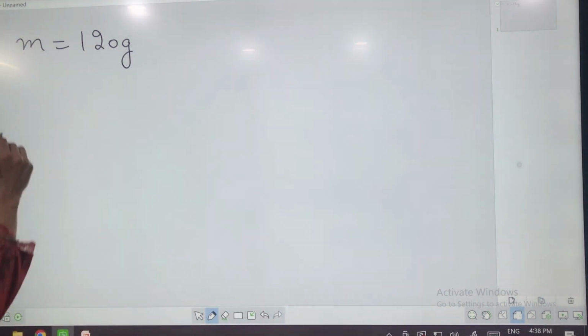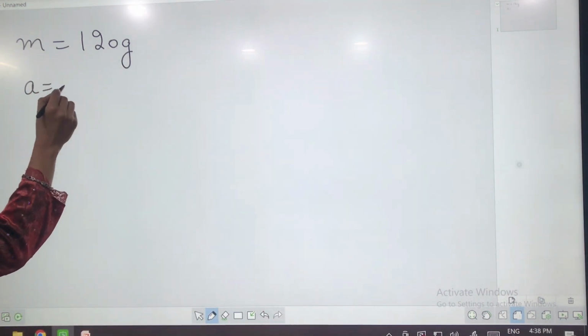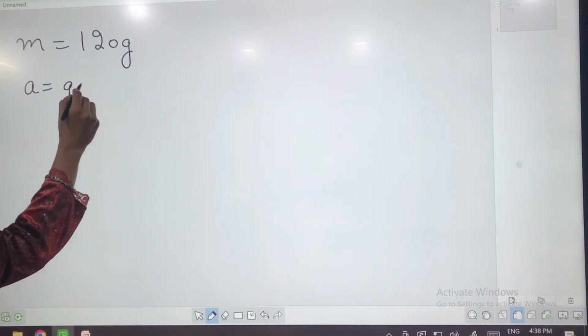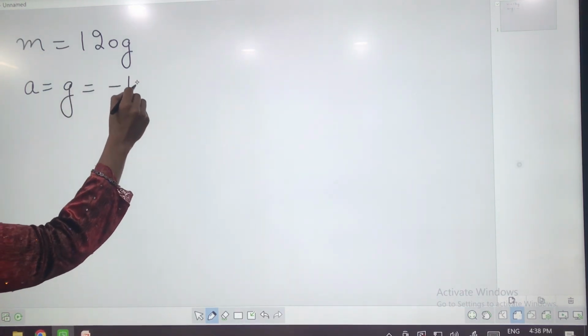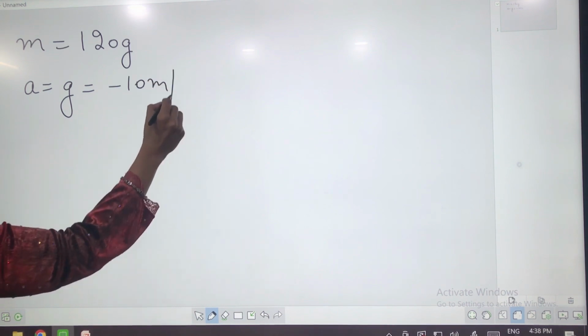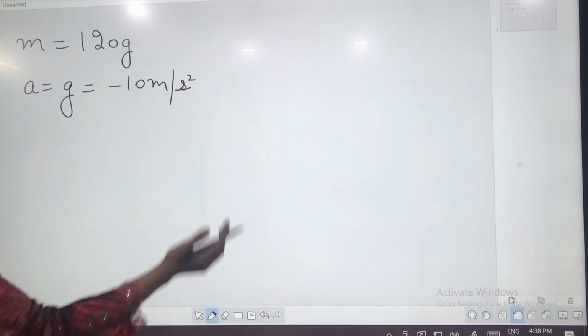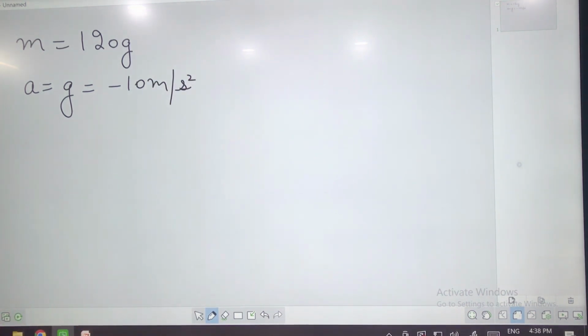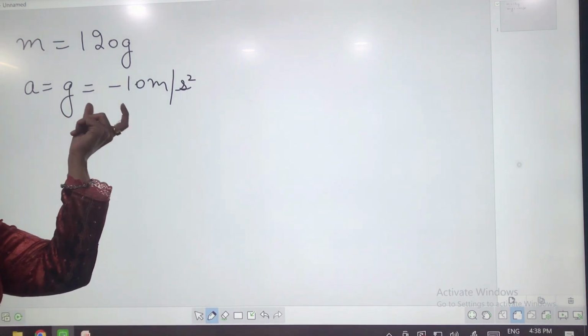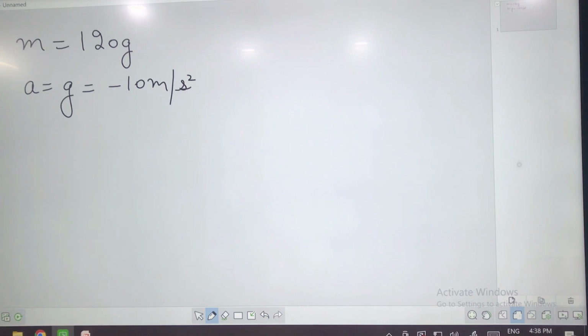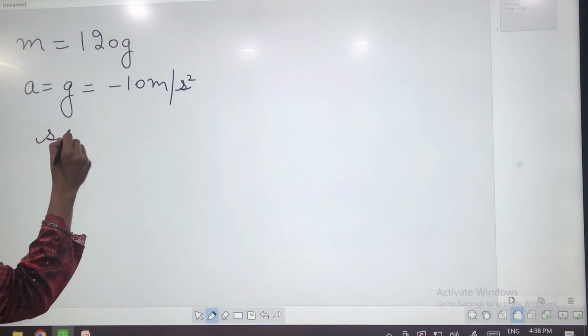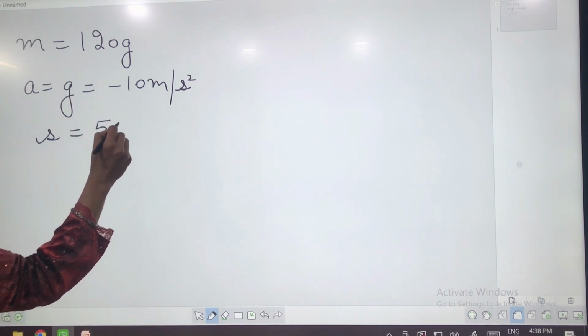So we will take acceleration, that will be acceleration due to gravity over here, and we will take minus 10 meter per second square, because work is done against the gravity, and it is taken vertically upward, so here minus will come. Fine. So displacement is also given, that is 5 meter.